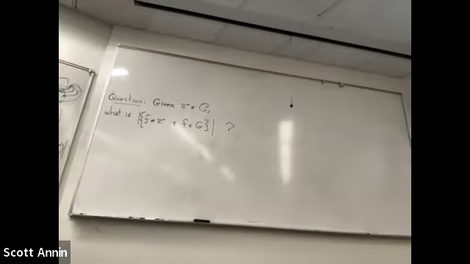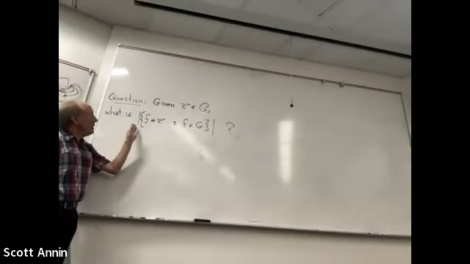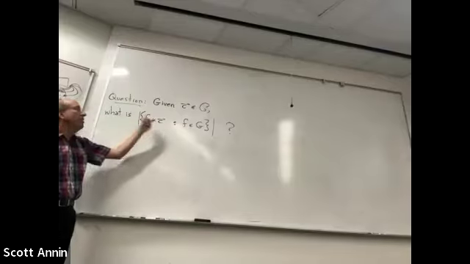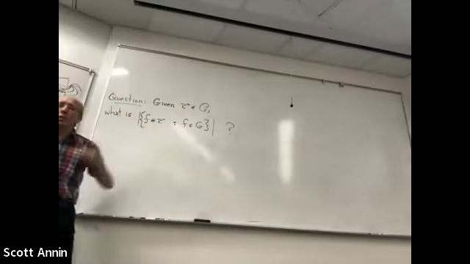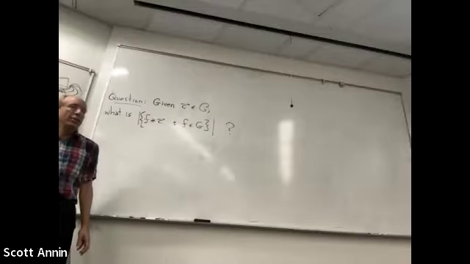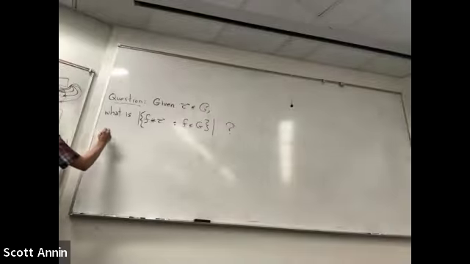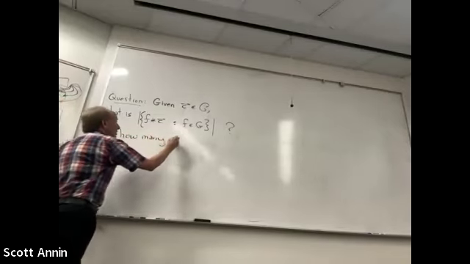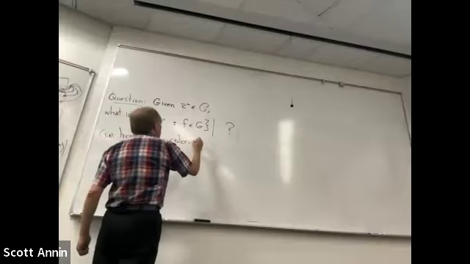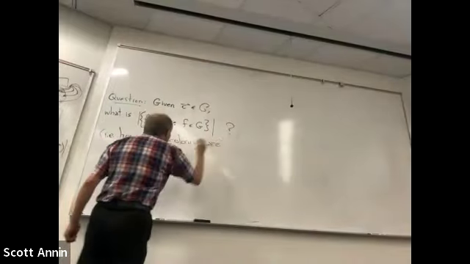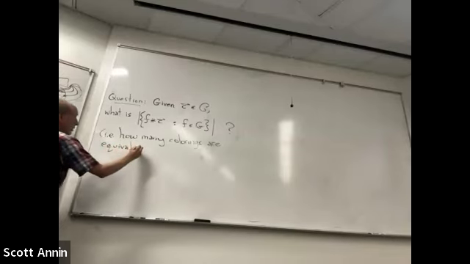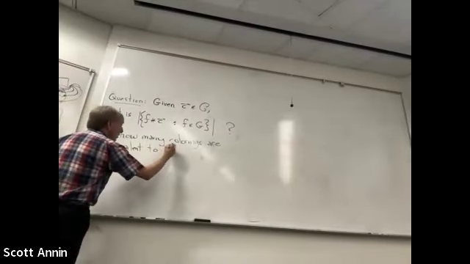So given a coloring, how many different colorings can I achieve by applying some group element to it? This is just another way of saying, how many colorings are equivalent to C?